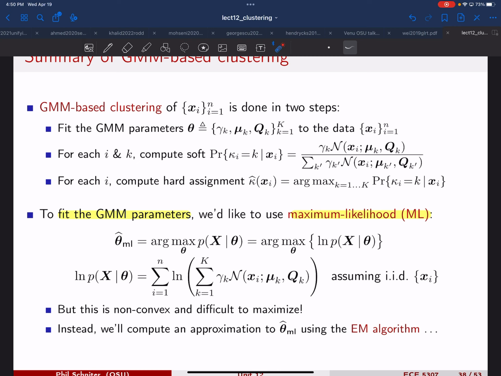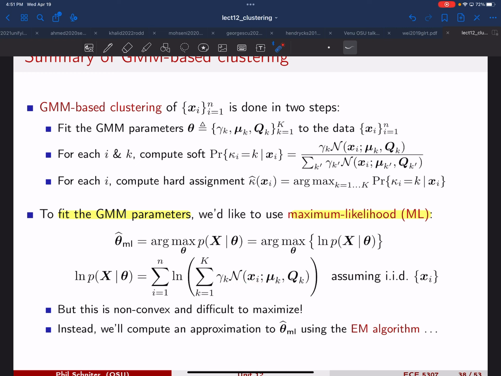We also know we can maximize the log likelihood, and that's often easier. In this case, the log likelihood is a bit difficult to work with. Assuming independent samples, we always have a sum over our samples on the outside of our log likelihood. But now we're going to have the log of this sum of Gaussians.